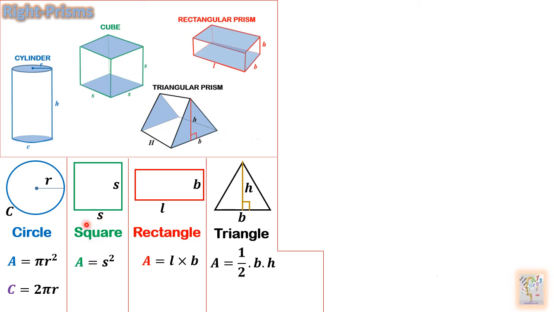And at the same time, the perimeter of a square will be all these four sides together. Then it will be 4 multiplied by the side. And then you look at the rectangle, you have two lengths, and then you also have two breadths. You add them together, they give you the perimeter, okay? 2 lengths plus 2 breadths. And then now the last one will be a triangle.